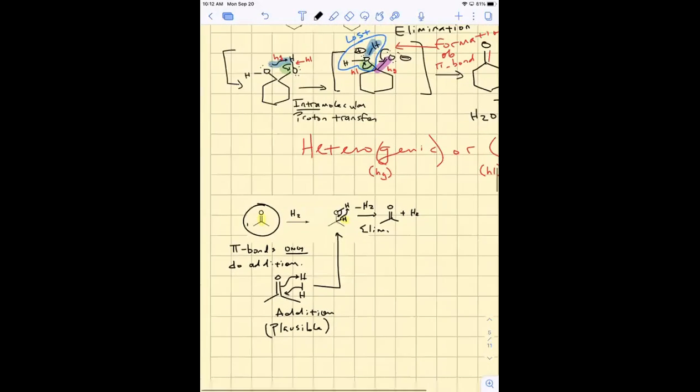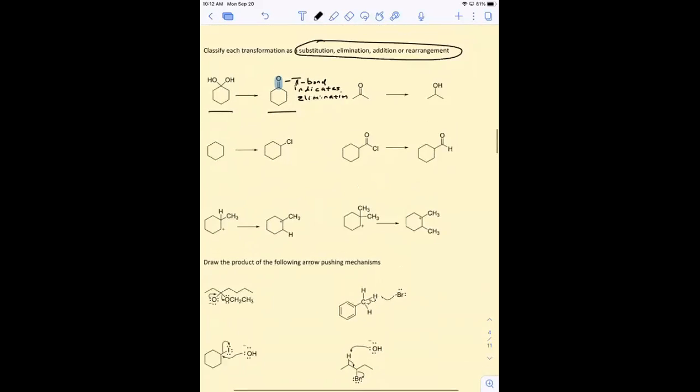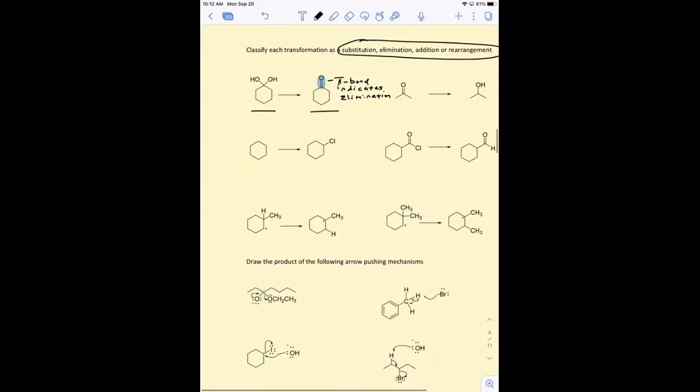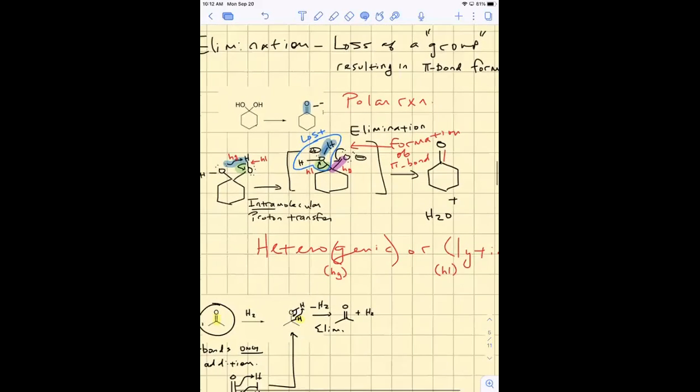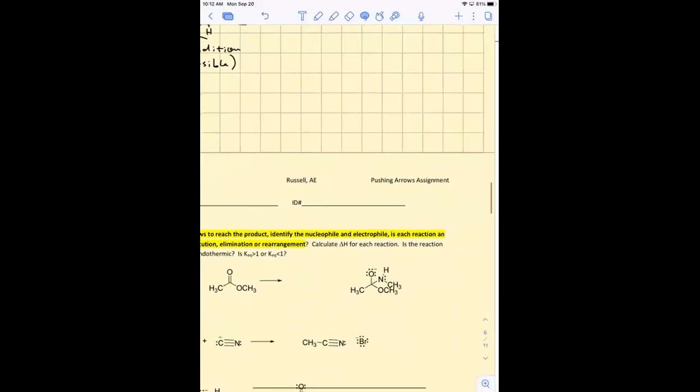All right, let's take another one of those examples and walk it down. Let's do this one. Instead of trying to crowd it.